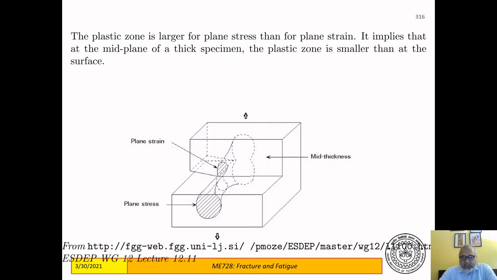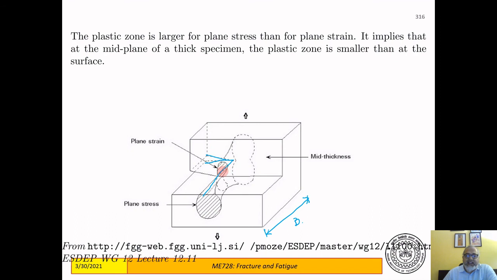So when you take a thick material, let's say the thickness is B, and then here's a crack. So this is the crack front, and it runs through the thickness B, and I have cut out the front part of the body so that we can see the plastic zone shapes.